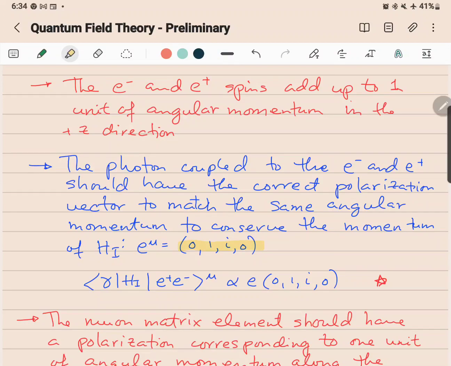So at the vertex, the angular momentum should be conserved. So this one here would have to be proportional to this quantity.